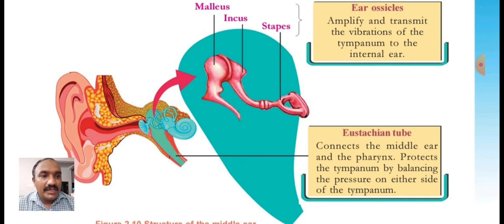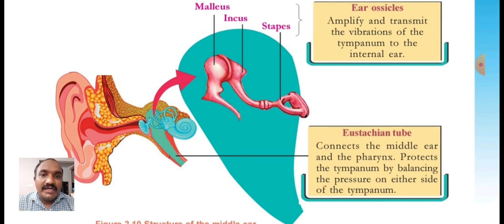The next part is the Eustachian tube. It is a tube, and from the picture itself you can see it connects the middle ear and the pharynx. That is one function of the Eustachian tube. Then it protects the tympanum by balancing the pressure on either side of the tympanum. When air comes from outside to the tympanum, there is air inside also.